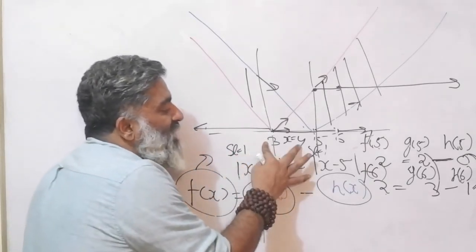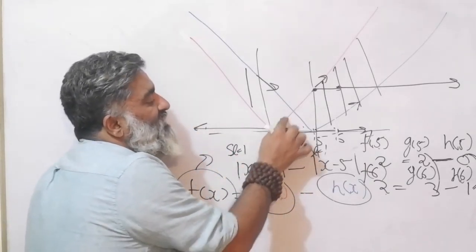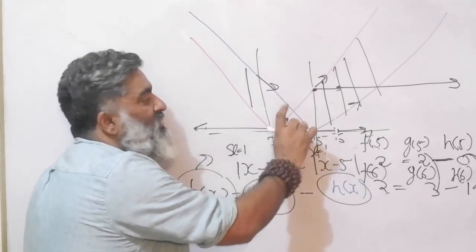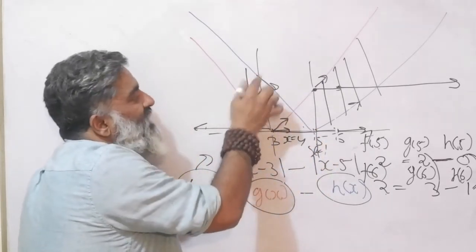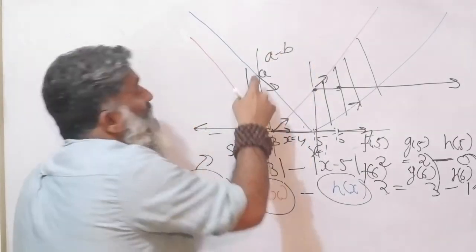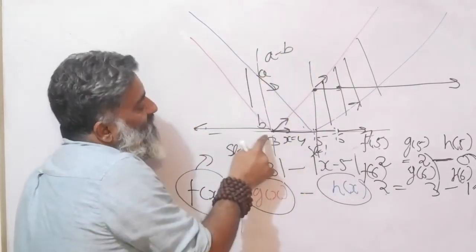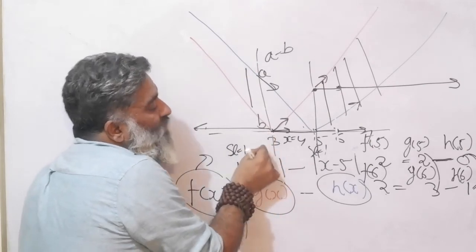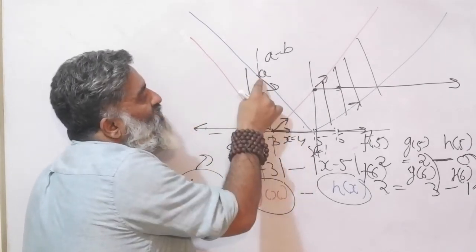If I change the value of x, I know this graph is going up by 1 unit. So I'm trying to find the difference, right? If this is a and this is b, the difference is going to be a minus b at x is equal to 3. You go to x is equal to 4, what are you getting in the story?